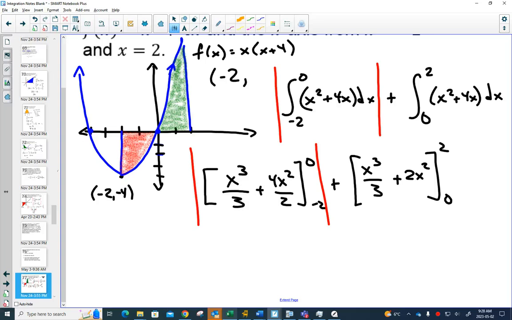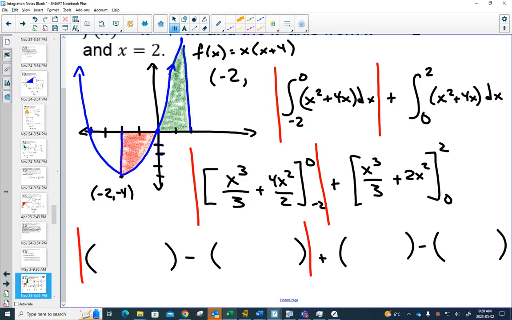And sometimes when I'm doing this, I'll also sort of get things set up. Right? That's what I have to do. I'm going to have to plug in my top number, and then I'm going to subtract, plugging in my bottom number, put the red absolute values around the first part, and I have to do that same thing with the second one.